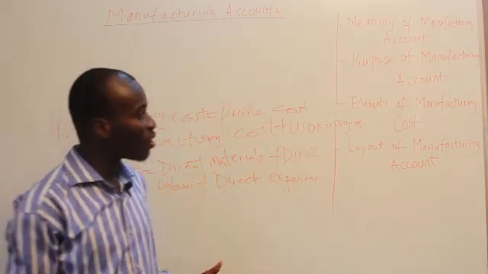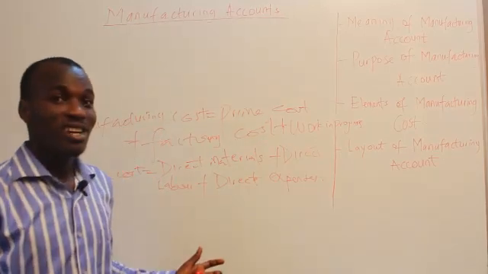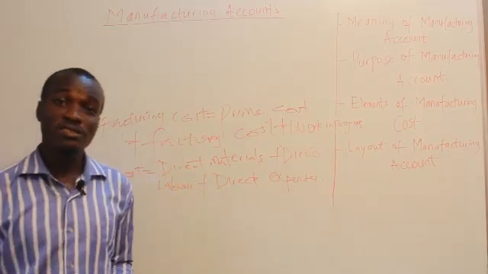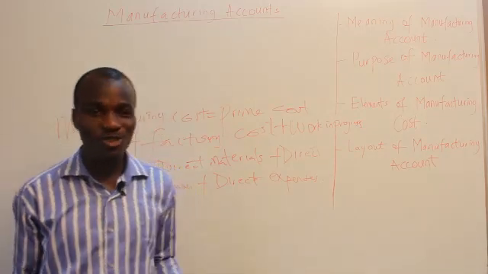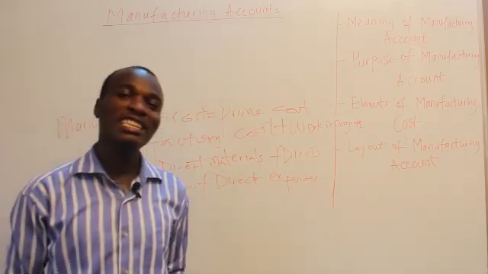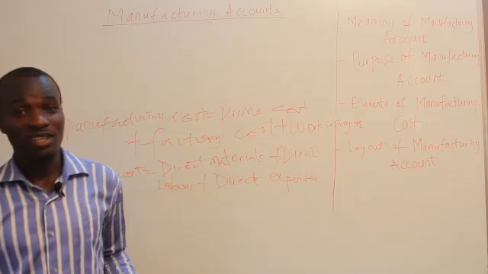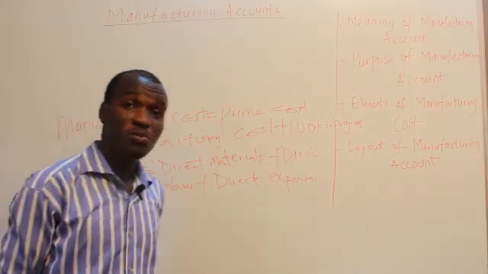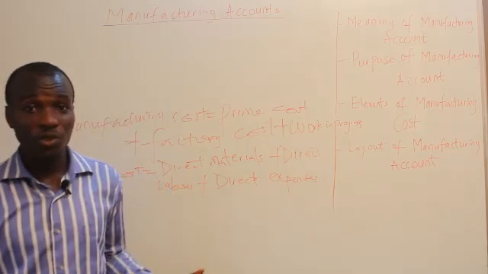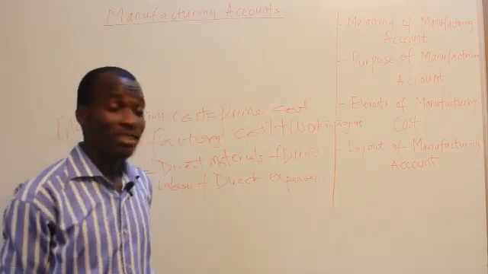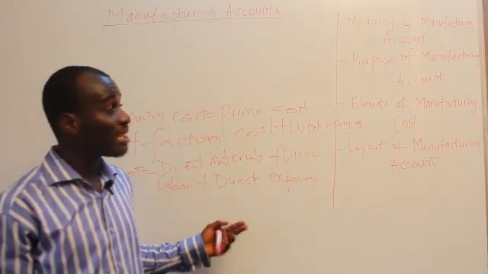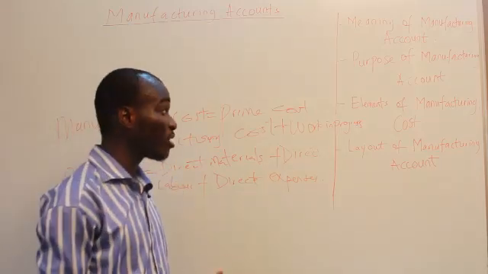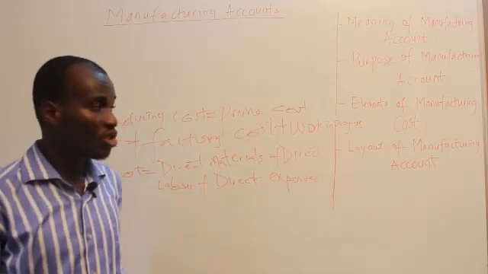They are neither finished goods nor raw materials. So when determining the manufacturing cost, the work in progress has to be taken into consideration. I've said earlier that the work in progress are partly finished goods, neither raw materials nor finished goods.